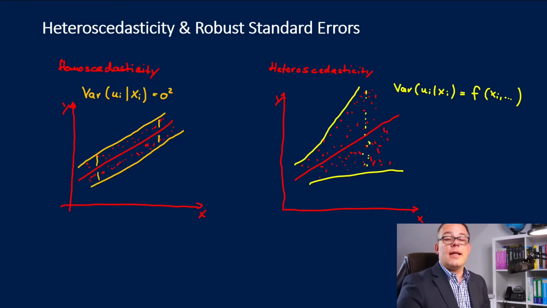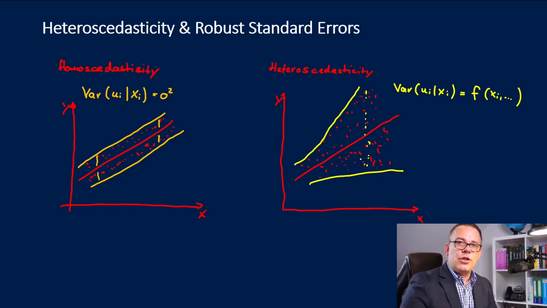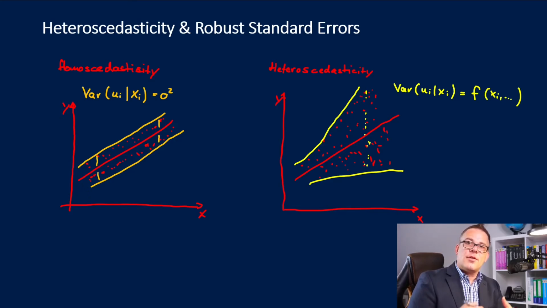So that is heteroscedasticity. Well, what's the problem with heteroscedasticity? It's obviously a problem of testing. Since our t-tests, our coefficient tests, are all based on the variance of our residuals, it is a problem if our residuals are a function of the x value here. Why?